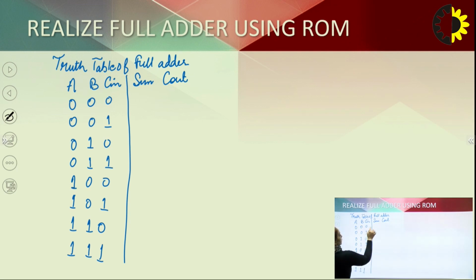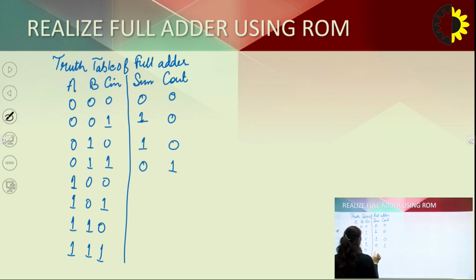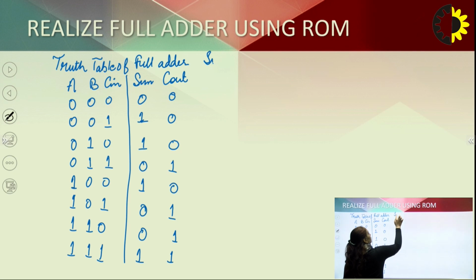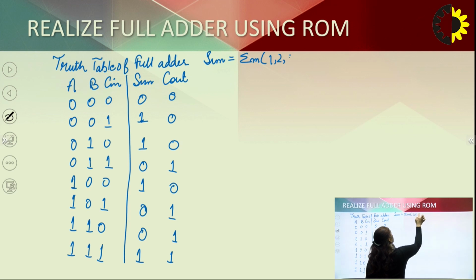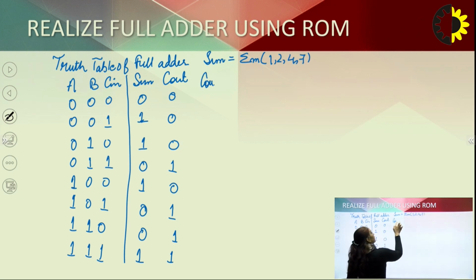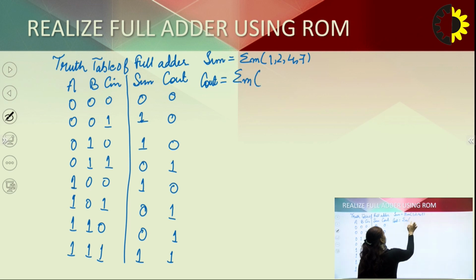So 0 plus 0 plus 0 gives sum 0 and carry 0, and so on. For the sum, we have minterms 1, 2, 4 and 7. For carry out, we have 3, 5, 6 and 7.